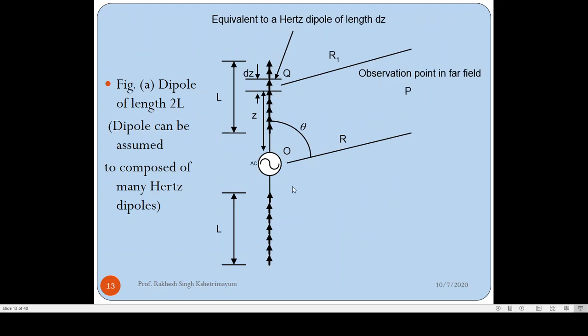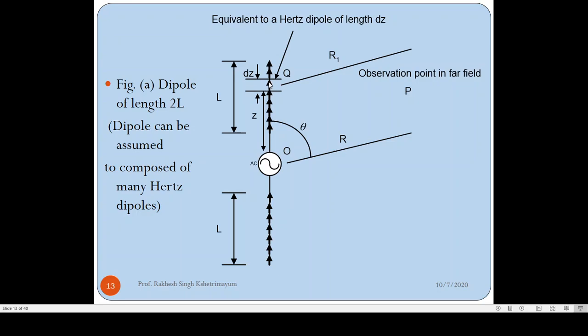Now let us look at the diagram of the dipole antenna of finite length. In the diagram at the center you have an AC source supplying current to the upper arm of the dipole antenna and the lower arm of the dipole antenna. You can subsection the upper arm into small sections of length dz, and some current is flowing in that.